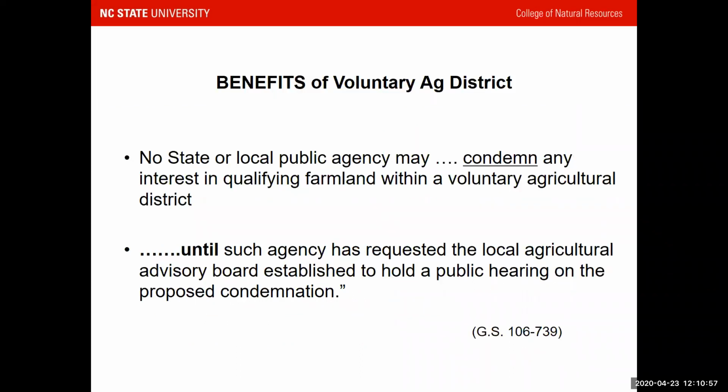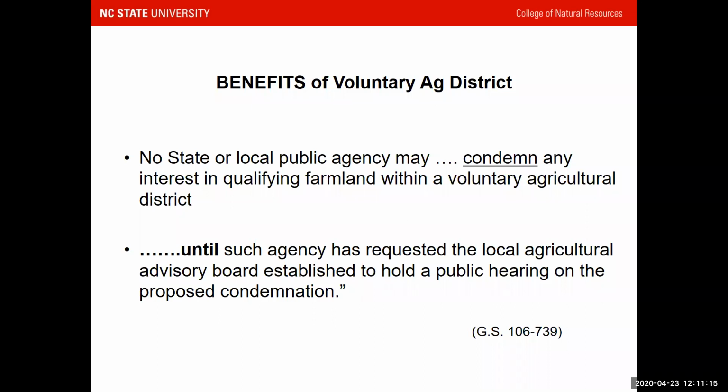The benefits that come from an agricultural district or voluntary ag district is pretty much the halting of the condemnation of farmland until such time as a public hearing can be held on that condemnation.